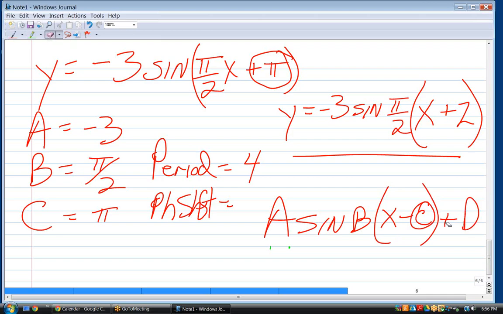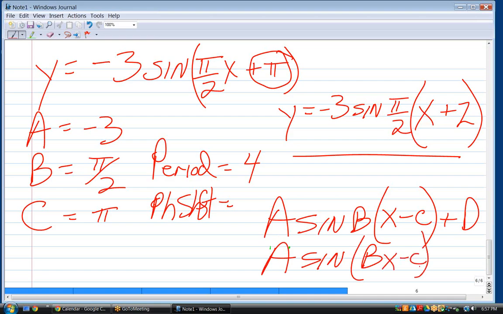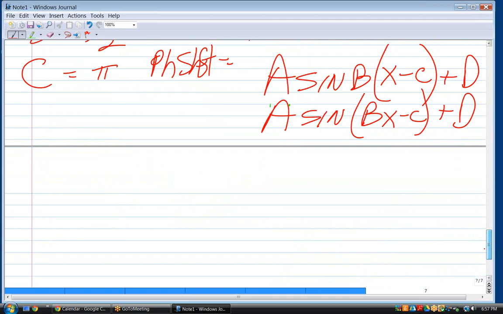But when the B is inside the parentheses, you have to get it outside. So there's another form, in which case the phase shift is C divided by B. And there's a third form. Okay. There's this form.